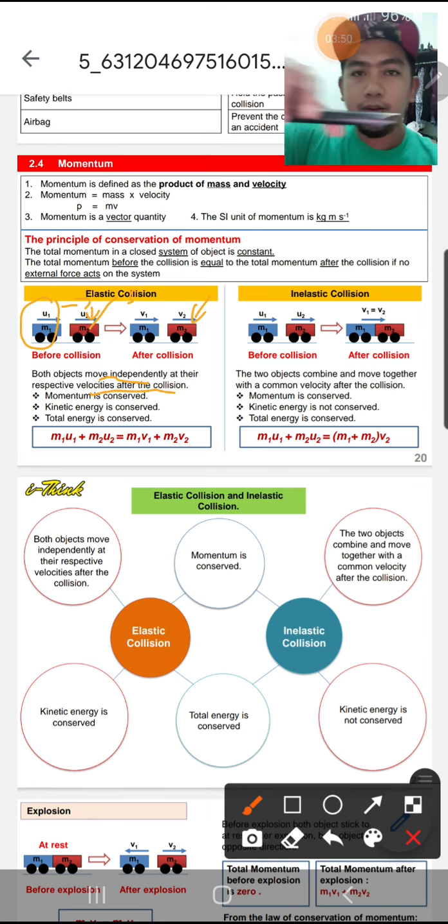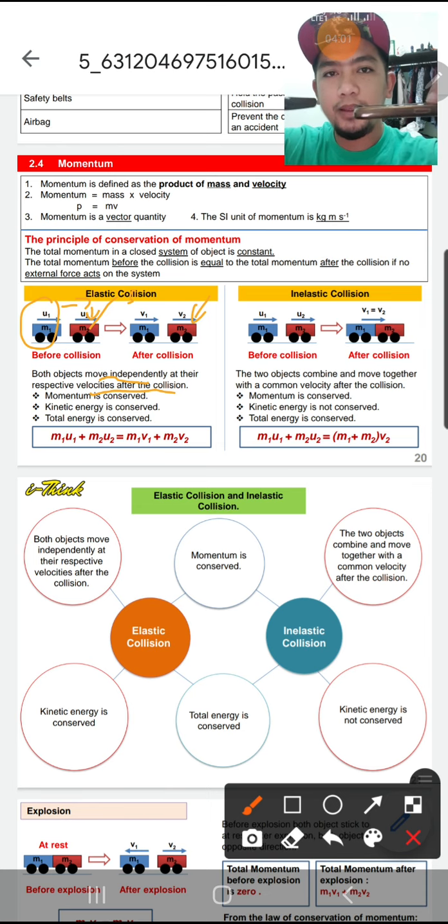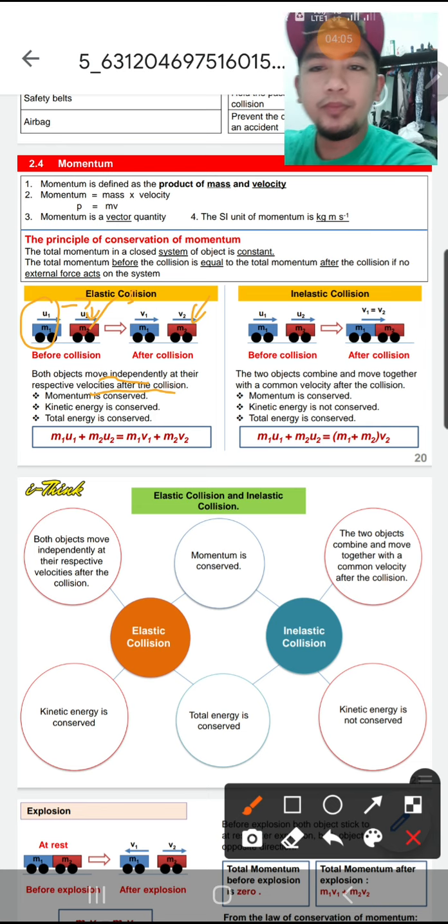This is the red car, and this is the blue car. When the blue car collides with the red car, they are moving separately.